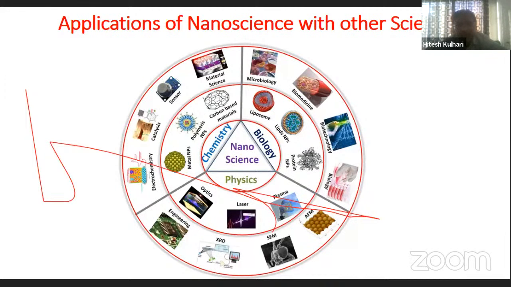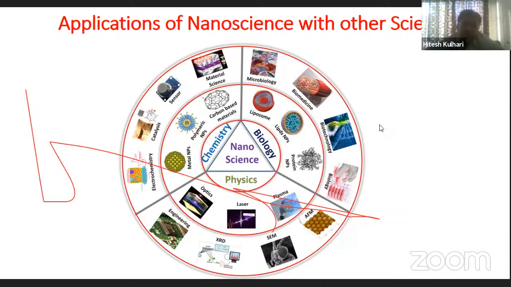Similarly, in material science, we can synthesize various materials for different purposes. We will see the commonly used materials in the next few slides. And in biological science, nanoscience is extensively applied.